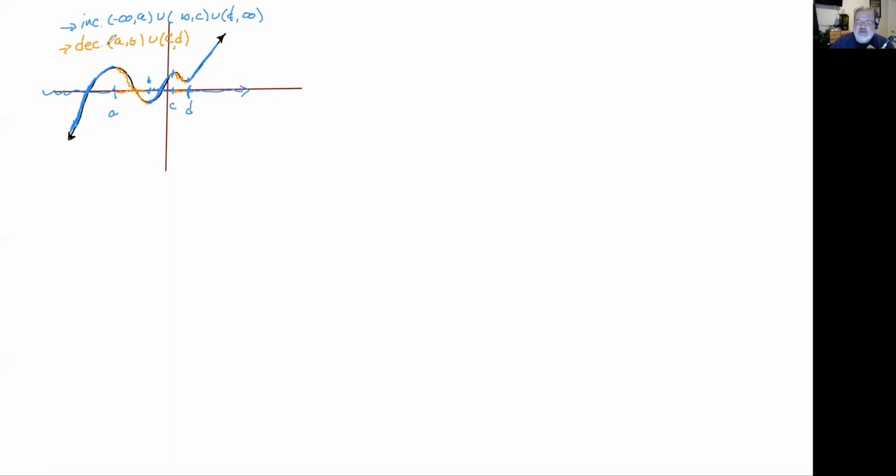And we've talked about that increasing and decreasing language a little bit before. Do notice that the intervals of increasing and decreasing are x values. I've always tried to note that when you're asked where is the function increasing, there's a lot of hidden things in that question. It really is for what x values are the function values increasing.